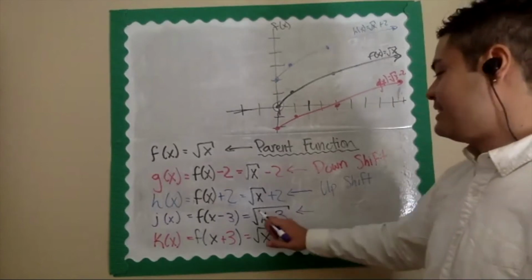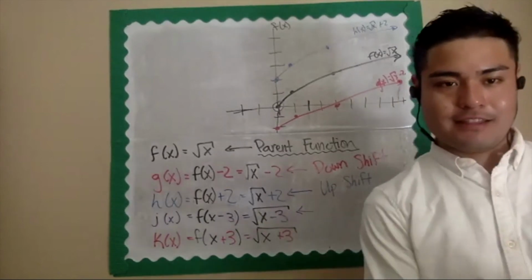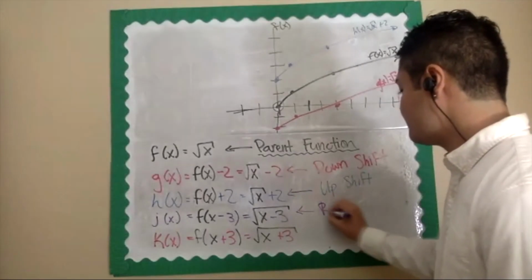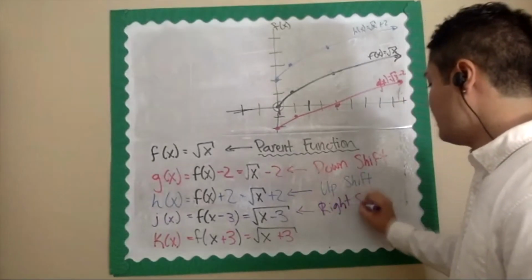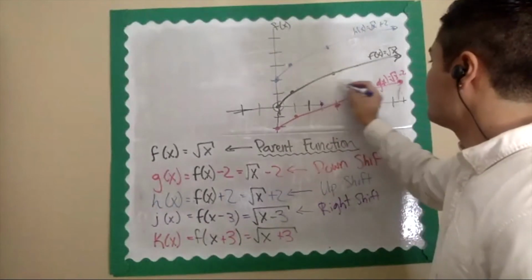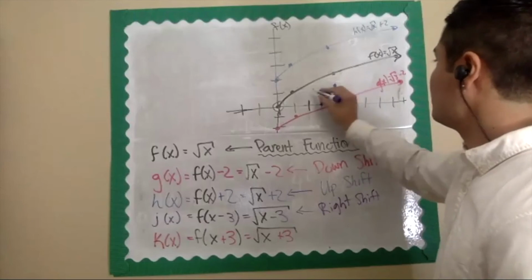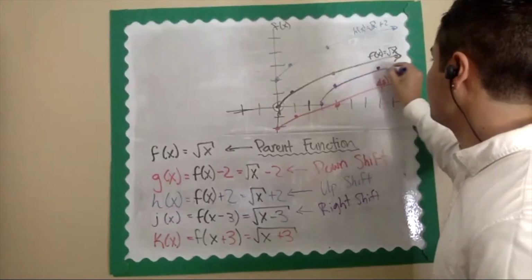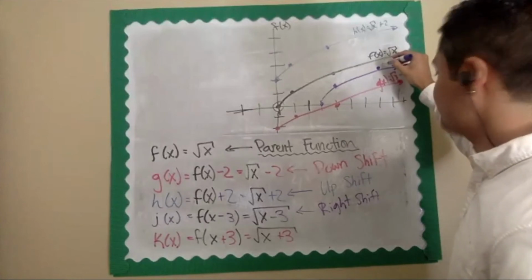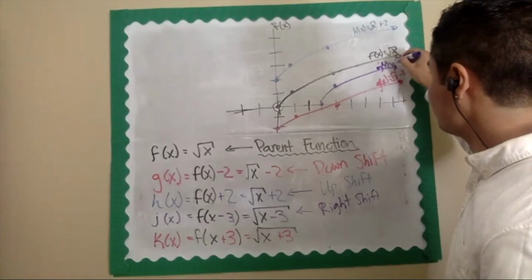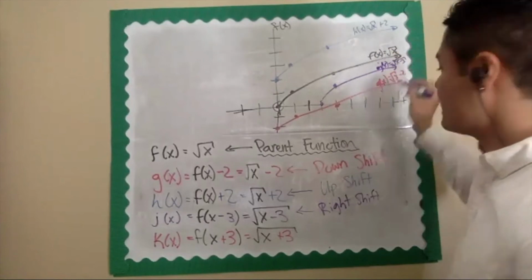We're shifting right. Even though it's subtract, when it's inside the function, it switches. So this is a right shift. And it's shifting by 3. So this is j of x equals x minus 3 on the inside.